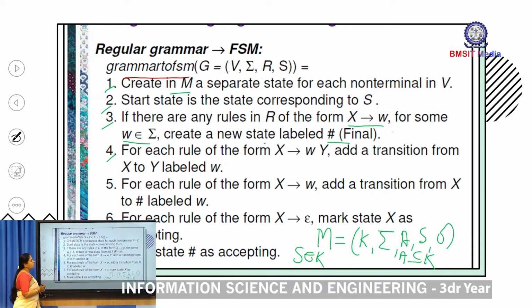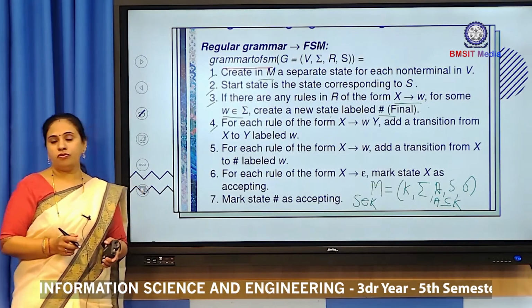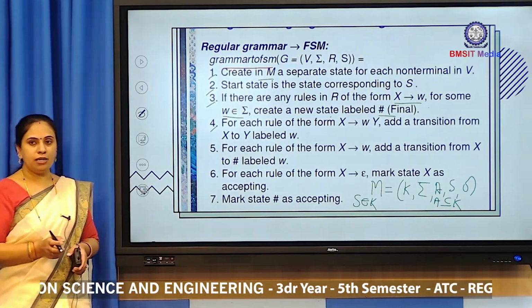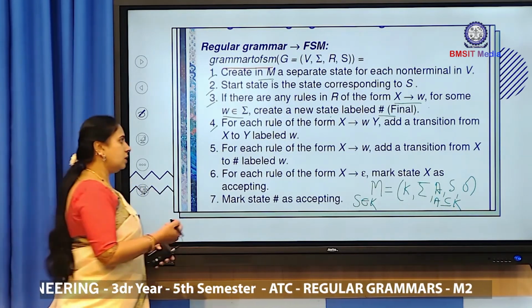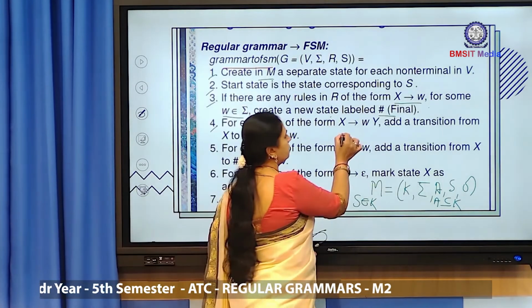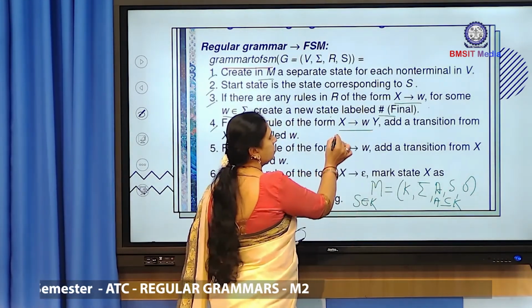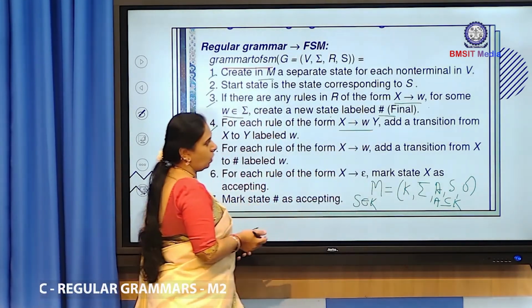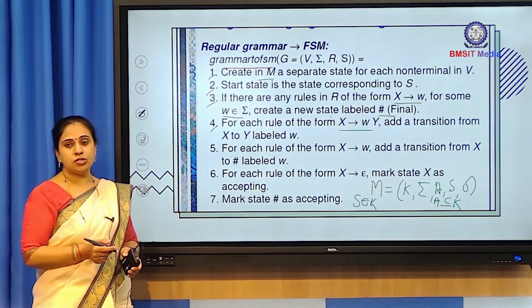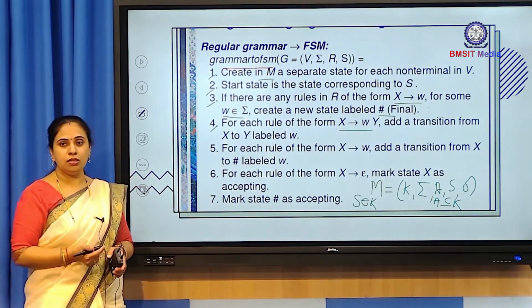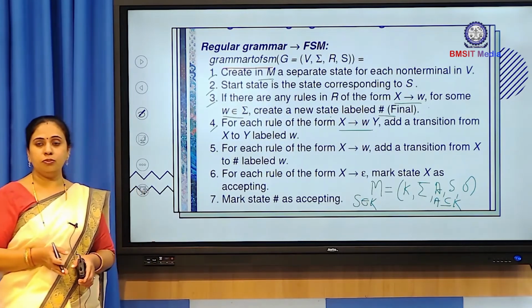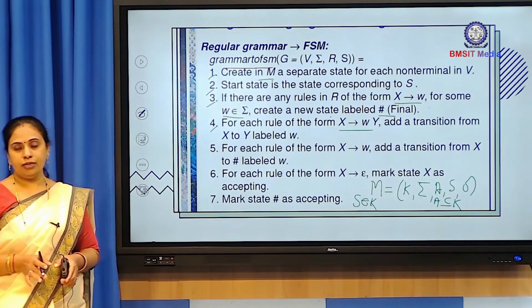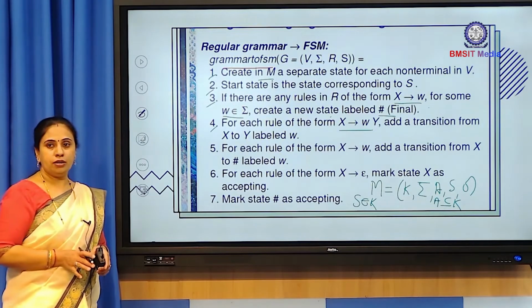The next step is, for each rule of the form X tends to w Y, add a transition from X to Y labeled w. In the previous slide we saw that this production is valid. Why? Because the LHS comprises exactly one non-terminal and the RHS comprises one terminal followed by one non-terminal, which is completely legal with respect to the definition of regular grammar.